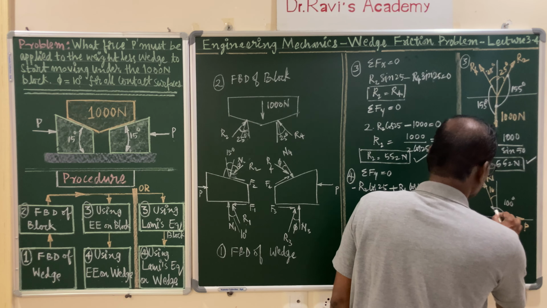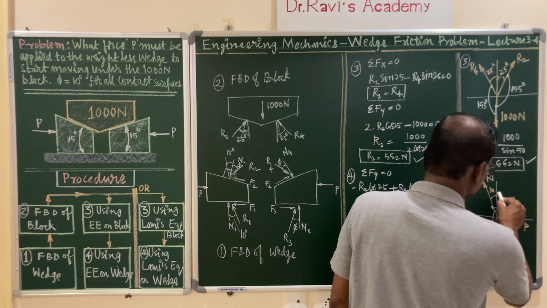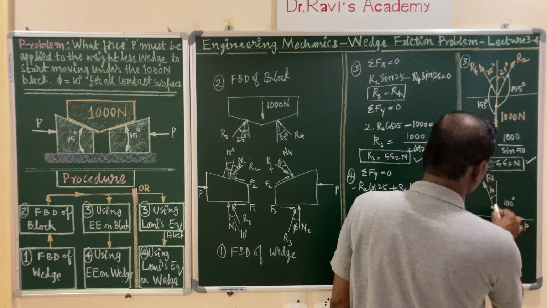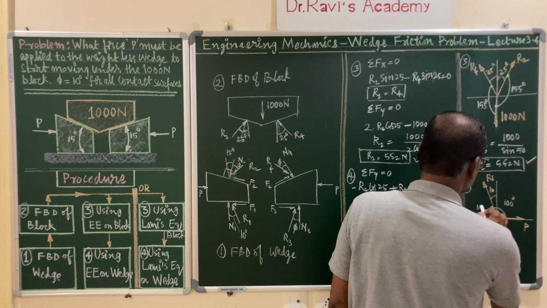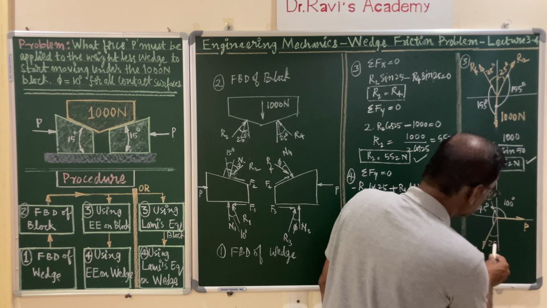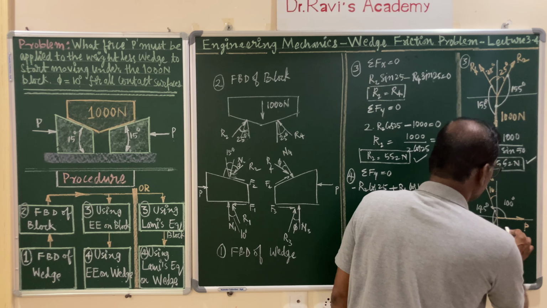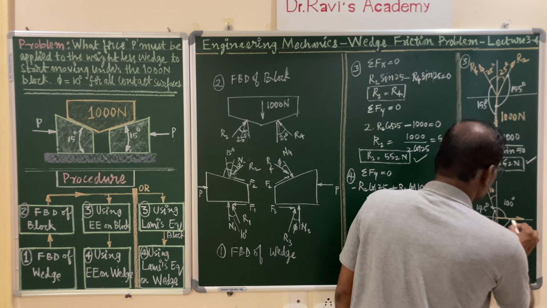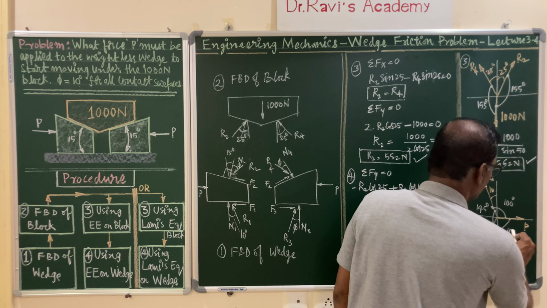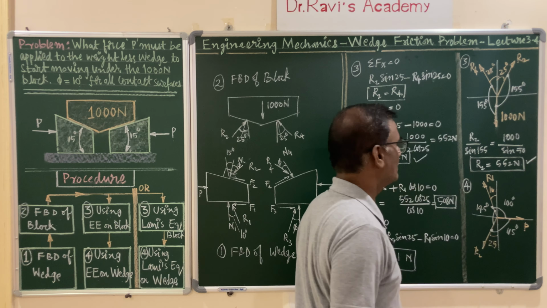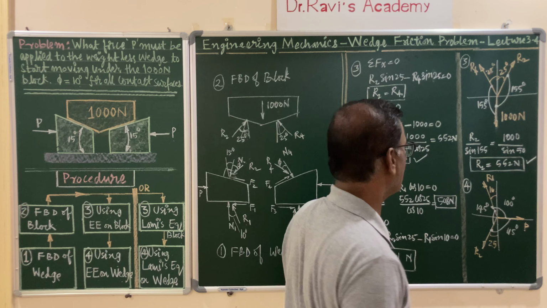And this angle is 180 minus 25, 155, minus 10, it is 145 degrees. And it is 90 plus 25, so this angle is 115 degrees. Simply, you can use Lami's theorem.